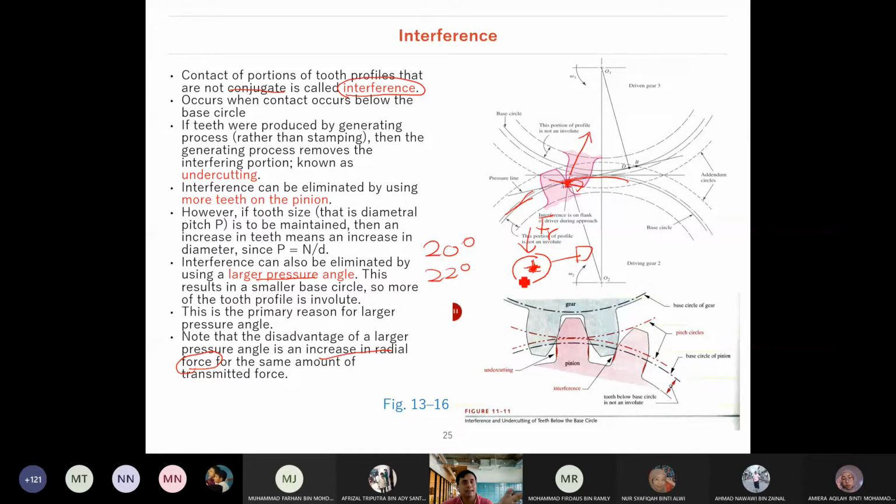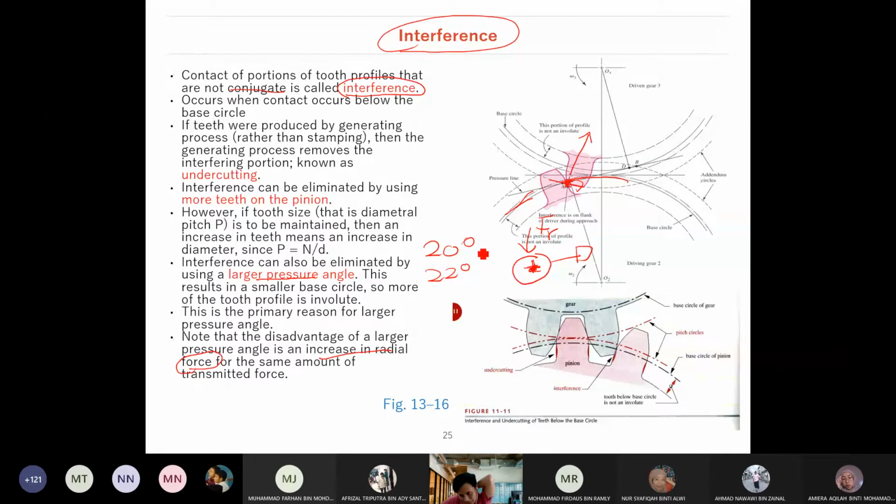So the shaft will sustain more loads, so it is not efficient. That's why interference is undesirable in this case. If the radial force is very high, the shaft sustains more load. If the shaft could be 10 cm in diameter, you have to increase the size because of the radial load.